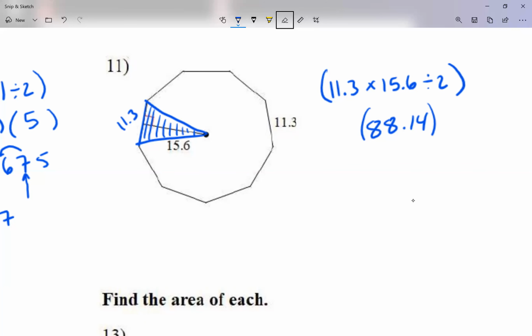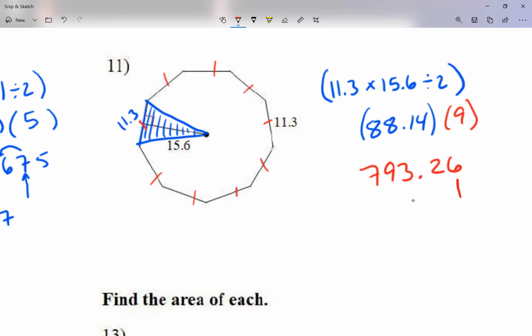I count my sides. Let me show you how I'm counting. 1, 2, 3, 4, 5, 6, 7, 8, and 9. There are 9 sides, so let me multiply this by 9. And I get 793.26. But I'm supposed to have my answer in 1 decimal place, so I take a look at the second decimal place.